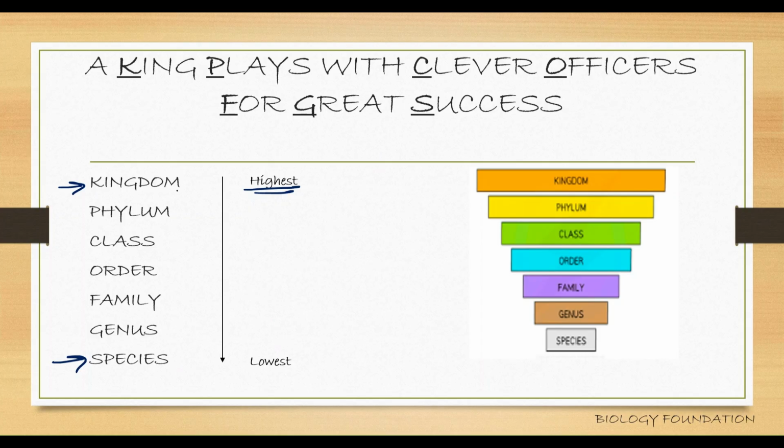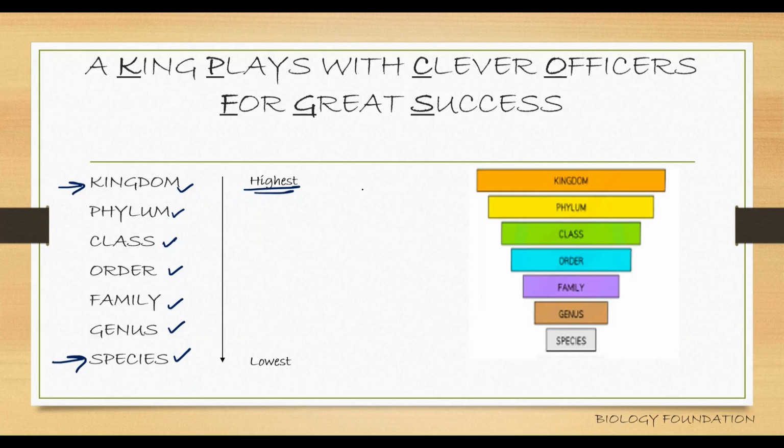And always remember, students, you have to remember it in this order only: kingdom, phylum, class, order, family, genus, species. We will understand what each of it means, but try to remember that kingdom is followed by phylum, class, order, family, genus, species. That is the hierarchical system of classification.